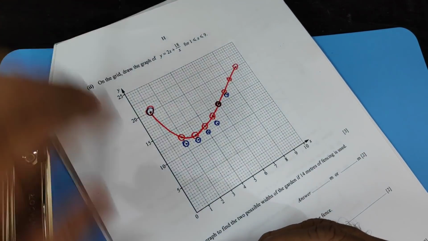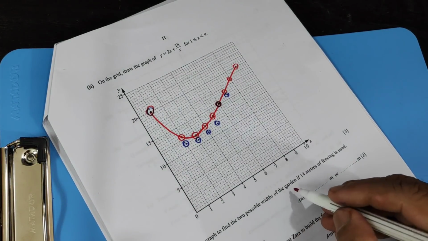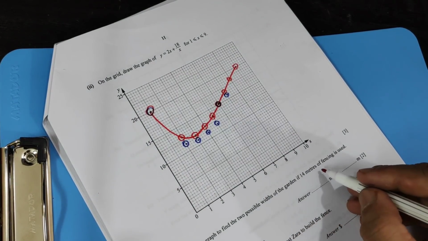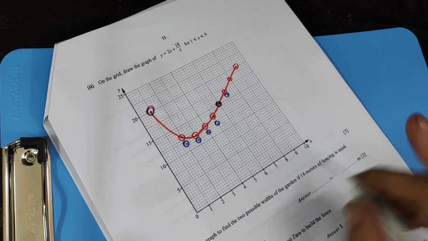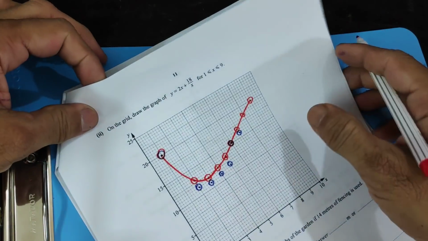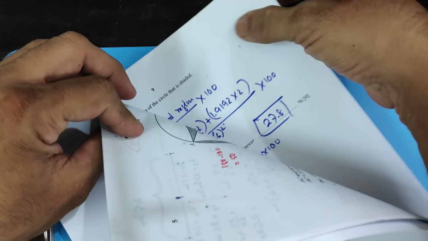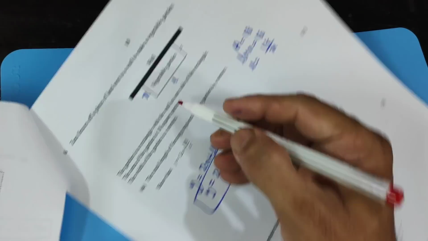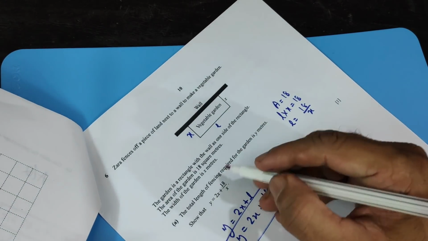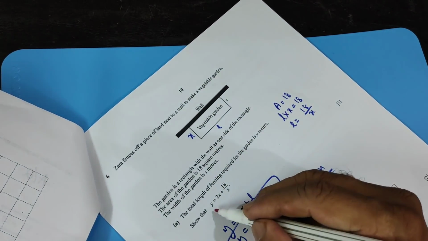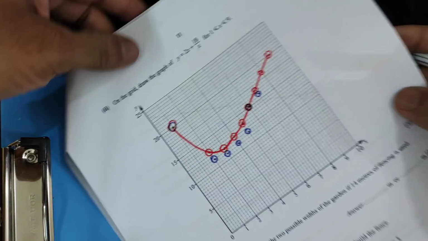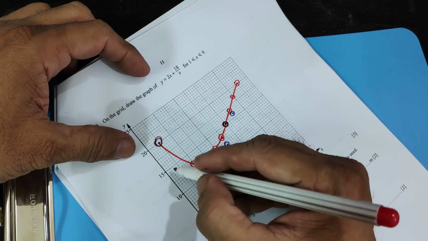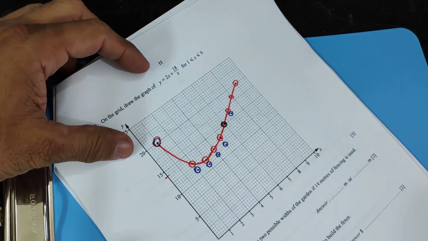Okay, use your graph to find 2 possible widths of the garden if 14 meters of fencing is used. Remember, y was the length of the fence, the perimeter, so from 14 here I'm going to draw a line.